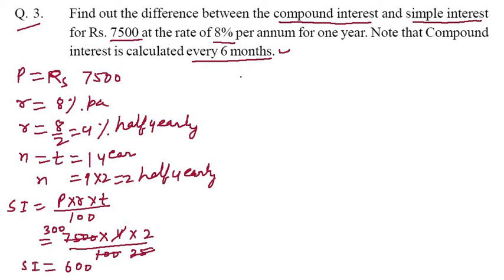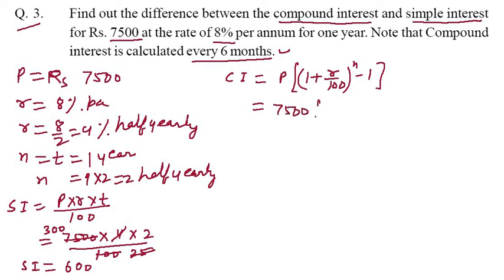Now come to the compound interest. CI will be equal to P into (1 plus R upon 100) to the power n, minus 1. Now we can calculate it. So P is given as 7500. 1 plus R is given as, that is the 4%. So 4 upon 100 to the power n is given as 2, and minus 1.